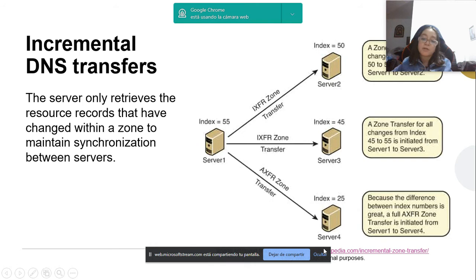But in server number 4, due to its difference between index numbers, it will be better to transfer the whole information, the whole 55 indexes from server 1 to have the backup of the information.